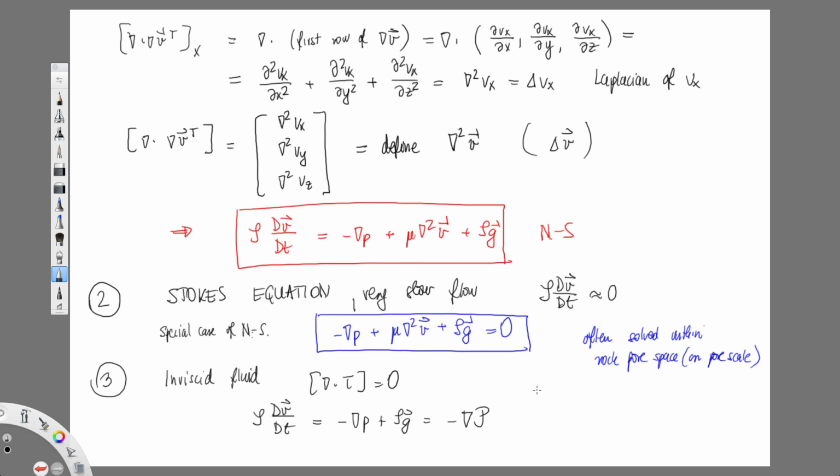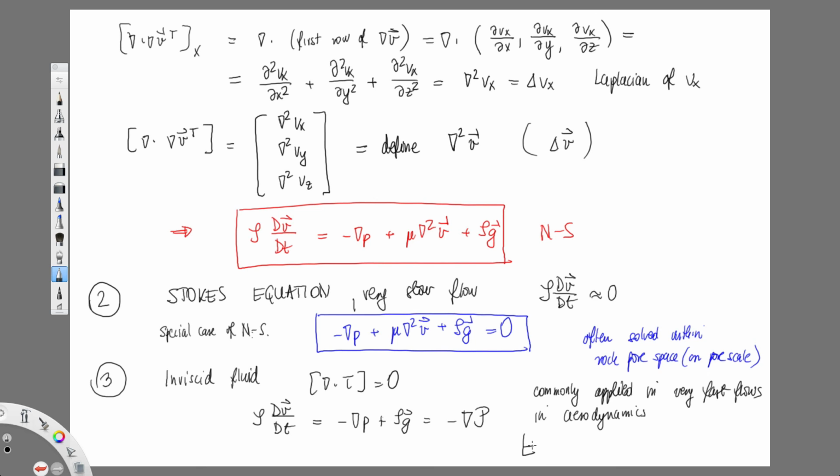So this is commonly applied in very fast flows in aerodynamics. Needless to say, I haven't seen it much in porous media.